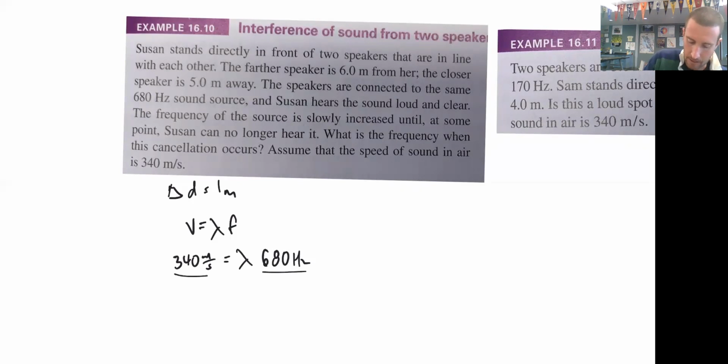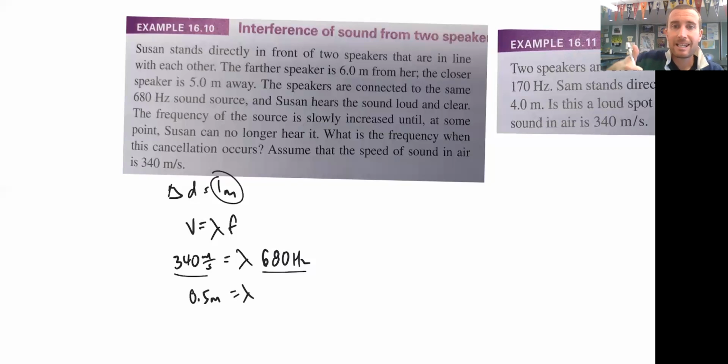Divide by 680, divide by 680. Wavelength equals 0.5 meters. So half a meter, and they are 1 meter away from each other. So that's 2 full wavelengths. Okay? And that makes sense. 2 full wavelengths is within an integer of the regular wavelength, so that would be purely constructive.